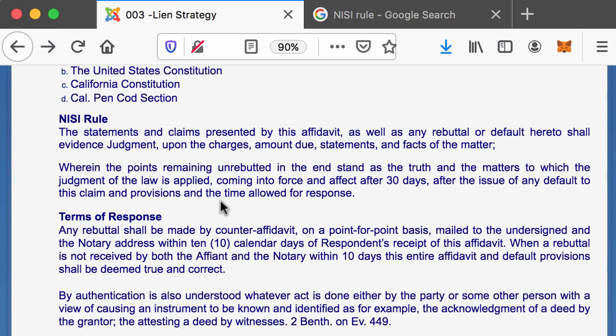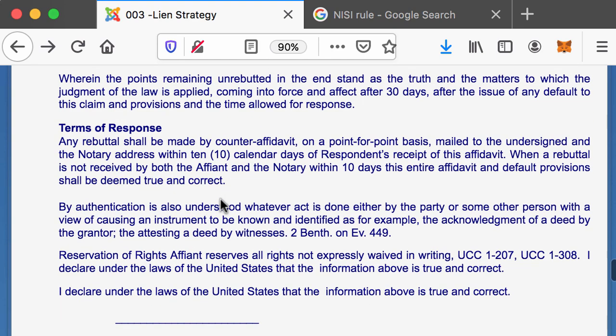You may can tighten that up a little bit. And then after I give that rule, so basically what I'm saying is judgment comes into effect on the amount due, the claims made, the facts, the statements, the allegations, everything.